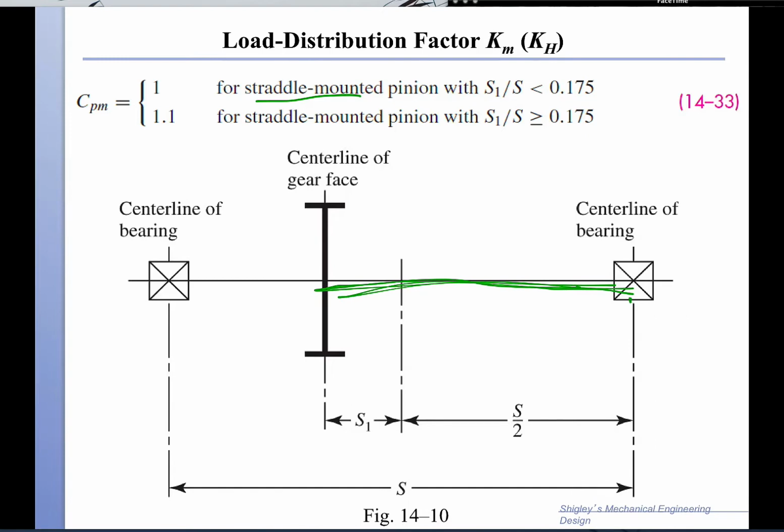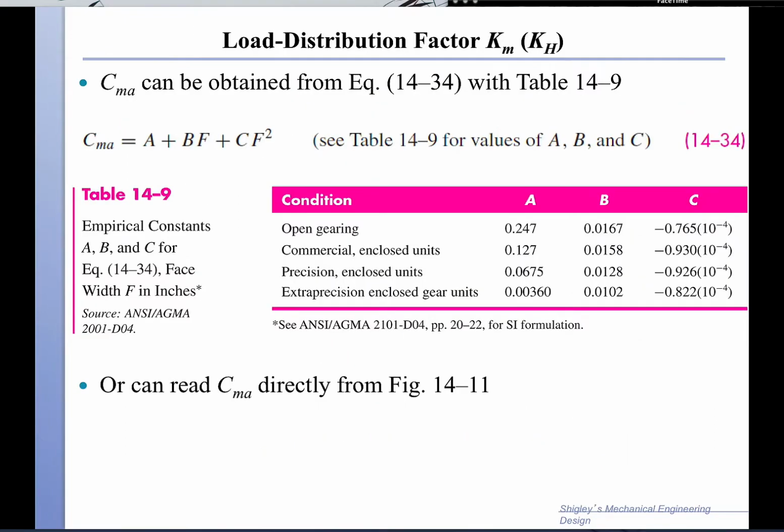So it depends on S1 over S, this distance divided by S. One can have either 1 or 1.5. So if S1 over S is long, you would expect the load to be a little bit heavier. So you'll correct for that distance from the mount. It's given also in tables here.